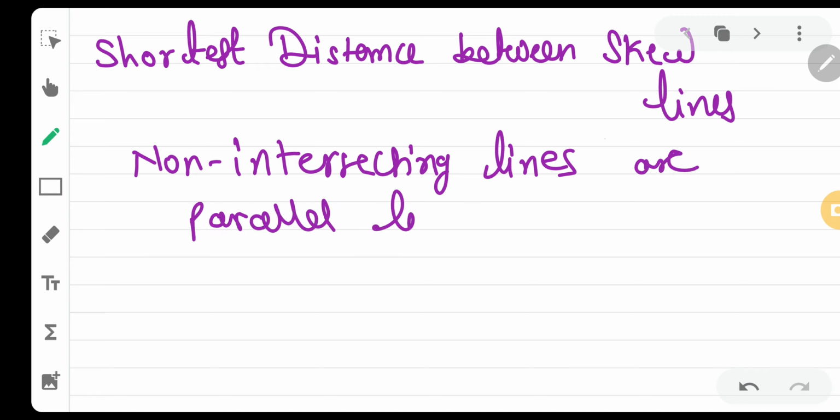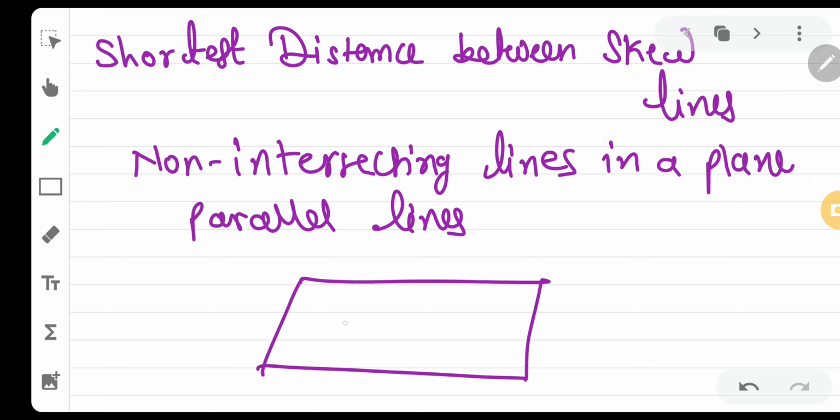But this sentence is half knowledge. Non-intersecting lines are not always parallel lines. If you say non-intersecting lines in a plane, then they are parallel lines. Suppose you are taking L1 and L2 and they are lying in the same plane, like this, and they are intersecting each other, then they are not parallel.